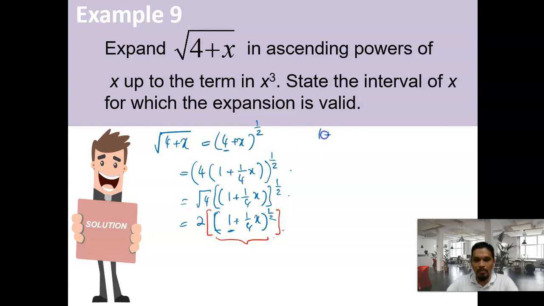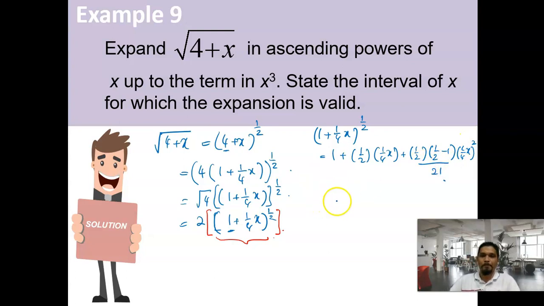Okay. 1 plus 1 over 4x to the power of 1 over 2 equal to 1 plus 1 over 2 and 1 over 4x to the power of 1. And then another 1 over 2, 1 over 2 minus 1, 1 over 4x squared divided by 2 factorial.